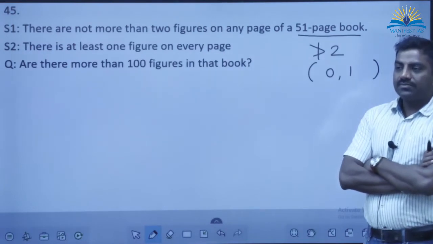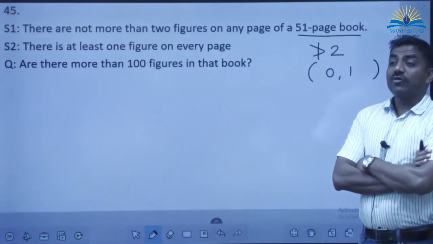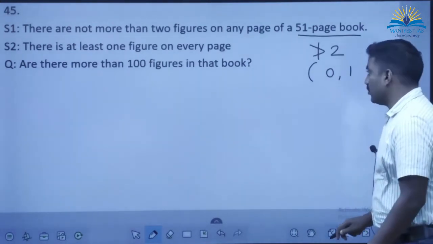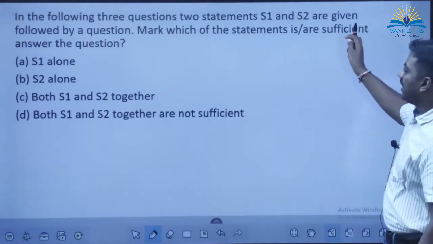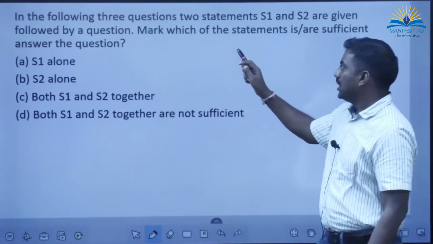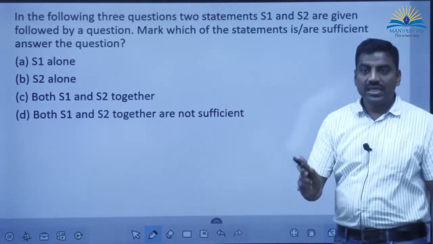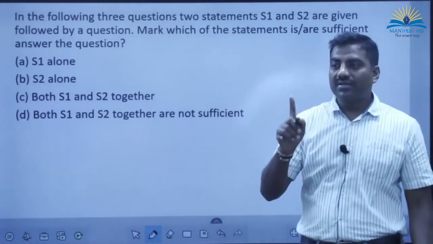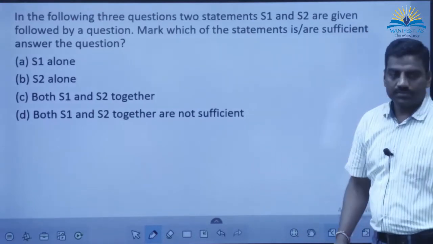The question is, can you answer the question or not? In the following 3 questions, 2 statements S1 and S2 are followed by a question. Mark which of the statements are sufficient to answer the question. They are not asking you the answer. They are asking you whether these statements are sufficient or not to get the answer.